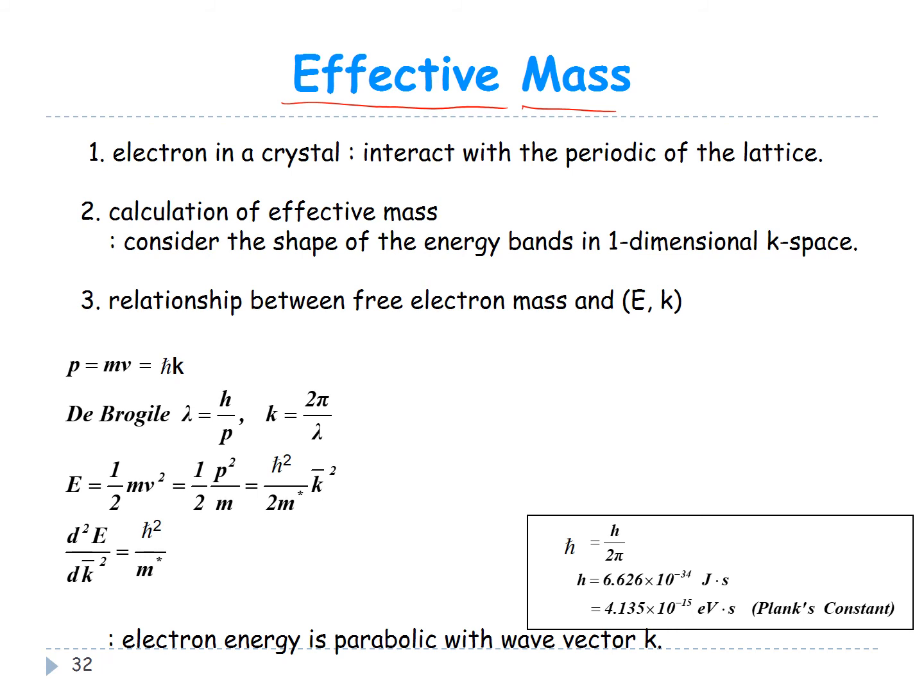This is the periodicity of the lattice, if you think of a crystalline semiconductor. As you can imagine, when an electron is moving in a solid like silicon, it's going to be scattered by the atoms in the lattice, or impurities or defects. Its path is not going to be a smooth one.